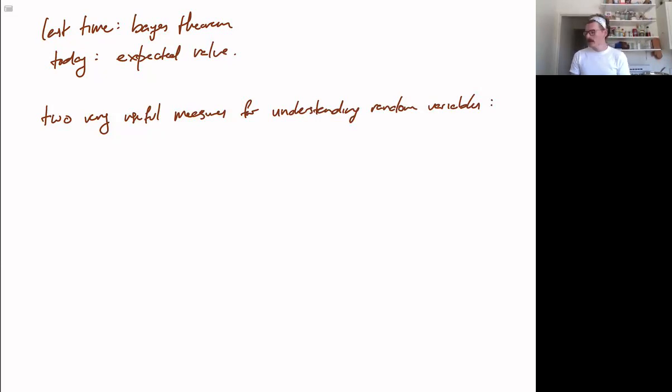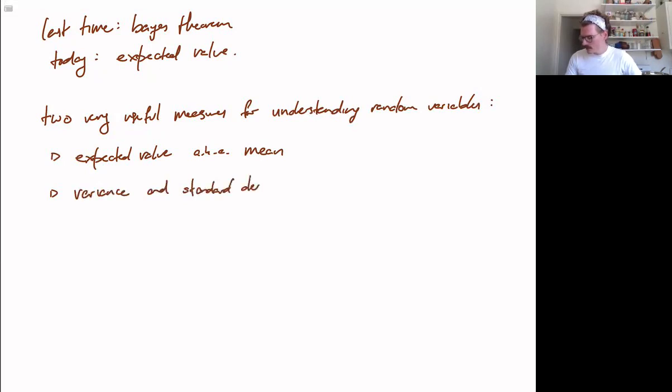You will remember that a random variable gives you a distribution, so the two are very closely related. And these two things we're going to talk about are the expected value, also known as the mean, and the variance, and closely related standard deviation.